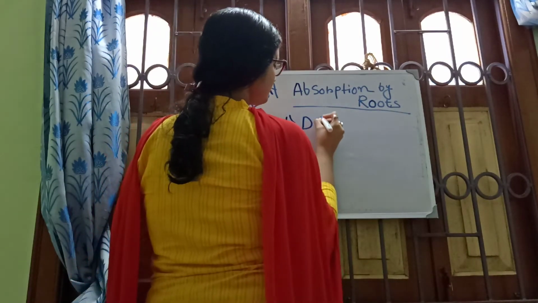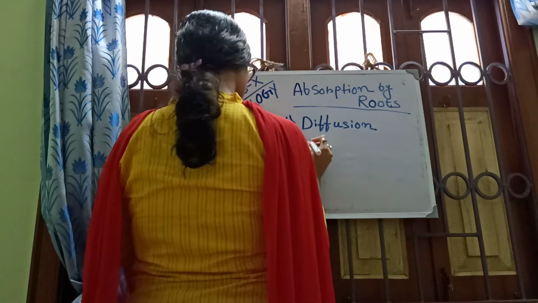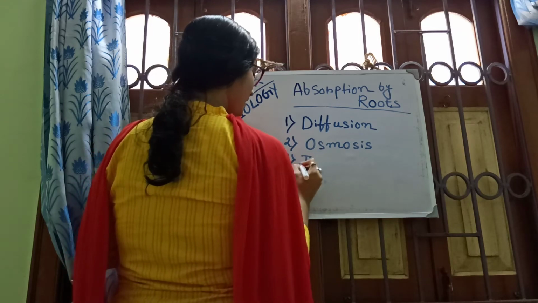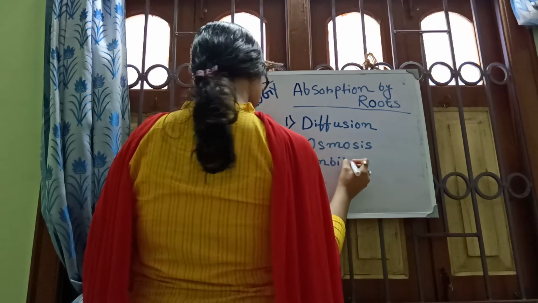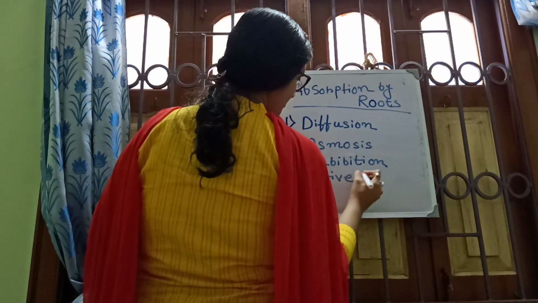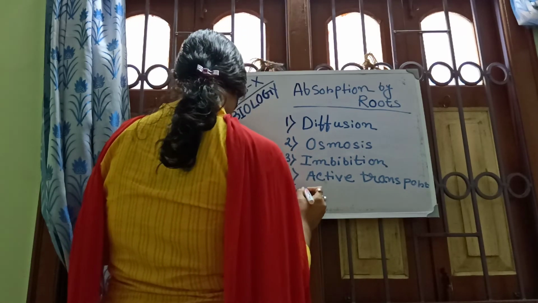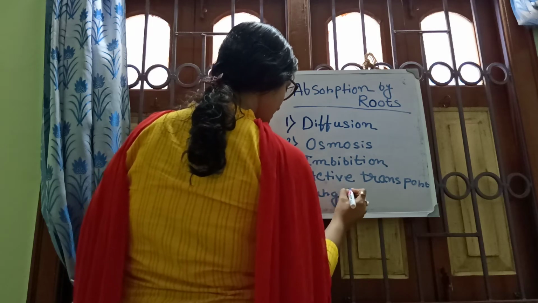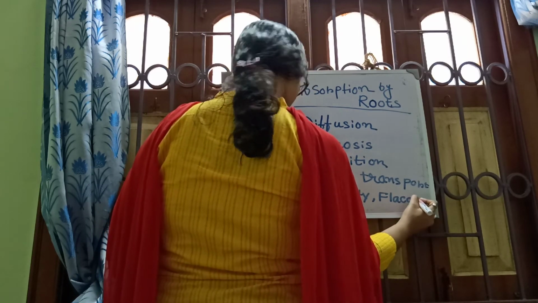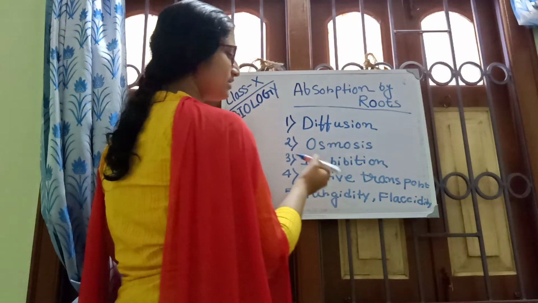All these processes: first, diffusion; number 2, osmosis; number 3, imbibition; number 4, active transport; number 5, turgidity and flaccidity.